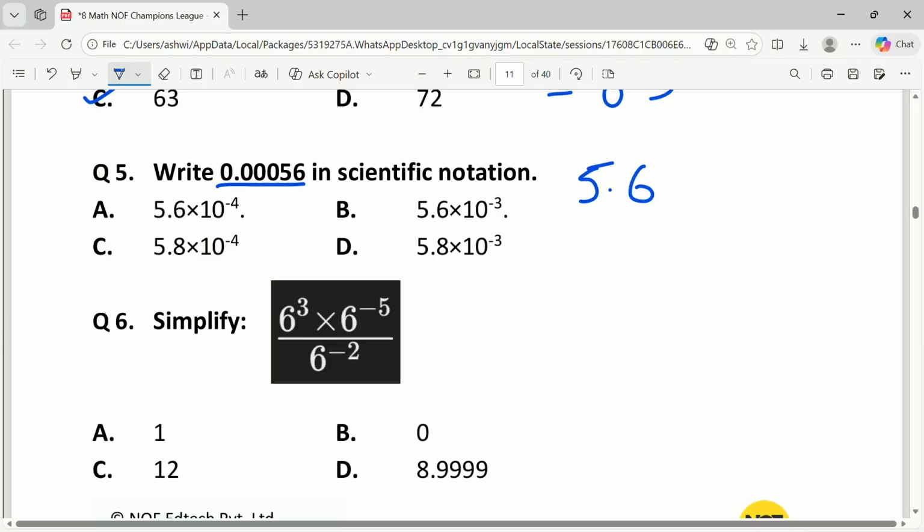Since the decimal point was moved 4 places to the right, the exponent of 10 is going to be minus 4. Combining, the answer is 5.6 into 10 to the power minus 4.